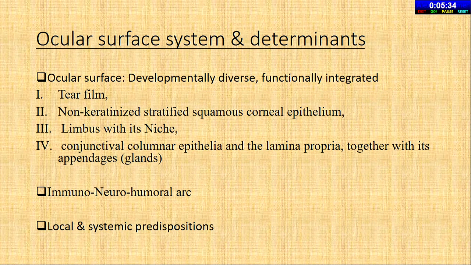The ocular surface, we all know, is a very special type of system which is developmentally very diverse and originates from very diverse types of tissues and is functionally integrated with the tear film, non-keratinized stratified squamous corneal epithelium, and limbus being its parts. It has a very special immuno-neurohumoral arc which helps it in a healthy situation, and disturbance of this arc can result in non-healing ulcers.